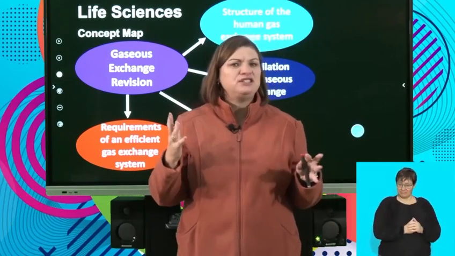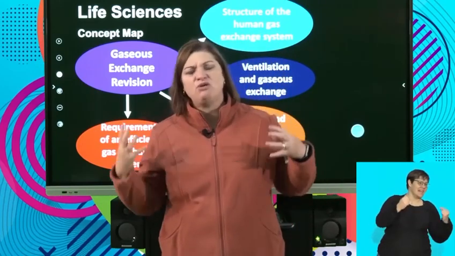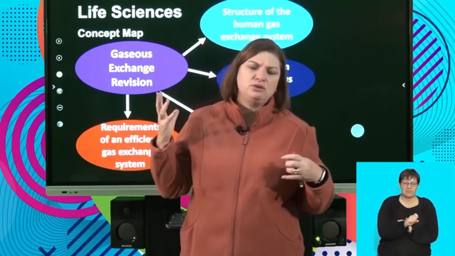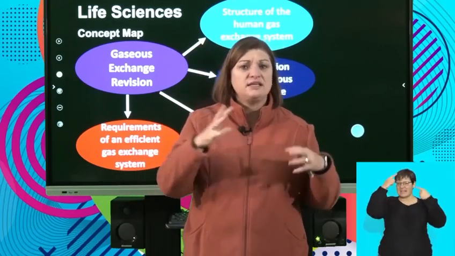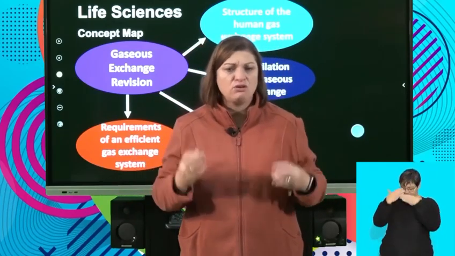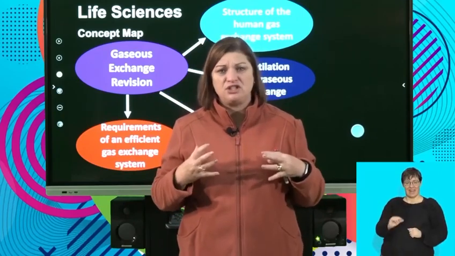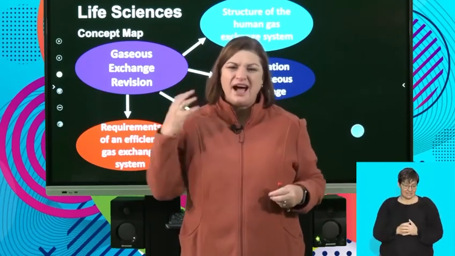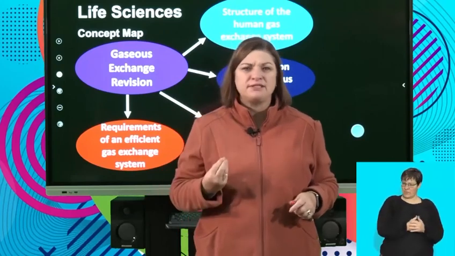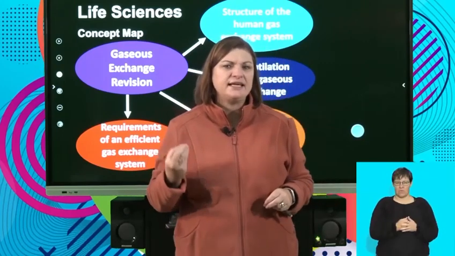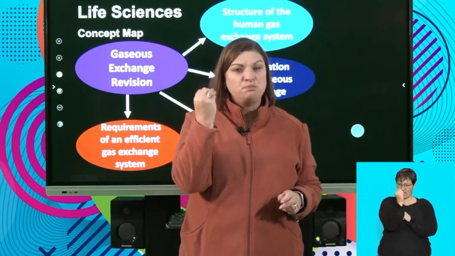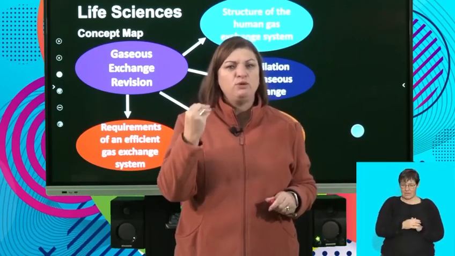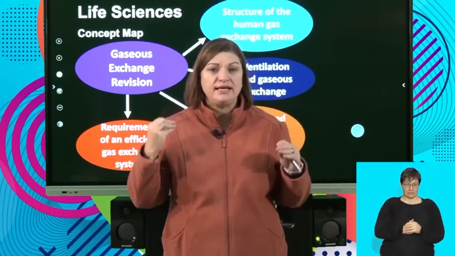We looked at leaves, earthworms and insects, and now we're going to look at our whole concept of what is our gaseous exchange system. But how is it efficient? How is it built? I often say to my kids, think like an engineer. How would you build it so that it would work really, really well?